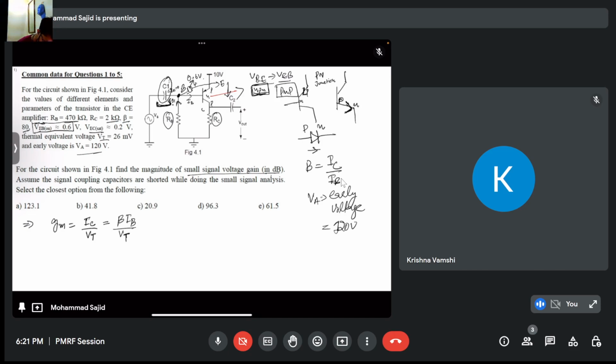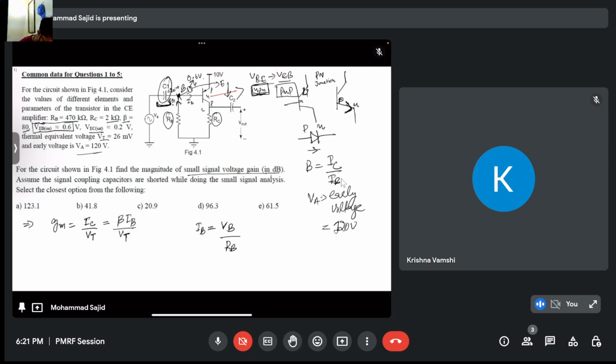So for IB, we can directly write it's equal to VB, the voltage at this point marked by X, divided by RB, right? This is the only path from which IB can flow in the circuit. So IB has to be equal to VB by RB.